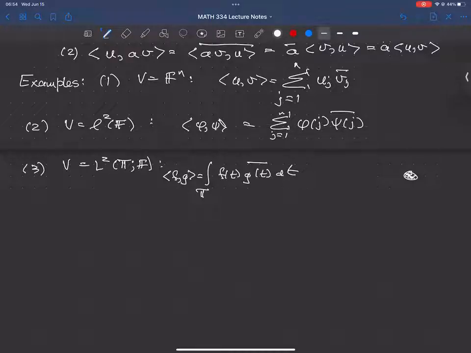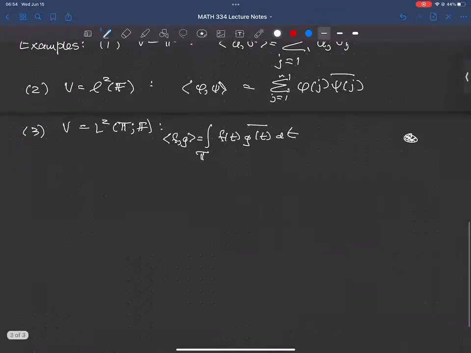Okay, so what additional structure does an inner product give you? Well, it gives you a lot of special structure, and for one, inner products give you norms. I'll state this like so.